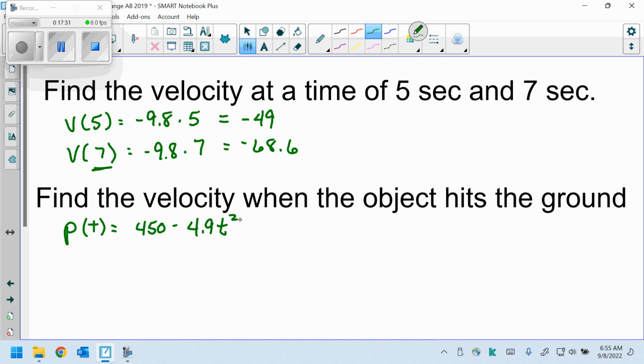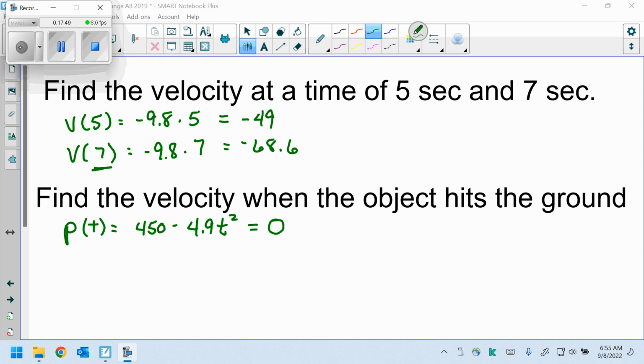And I'm interested in when the position is on the ground. The position, the height of this object, is 0. Now I can solve that equation. And what I'd like you to do right now is press pause and solve that equation.